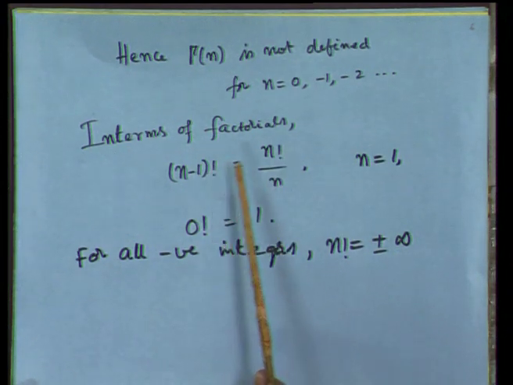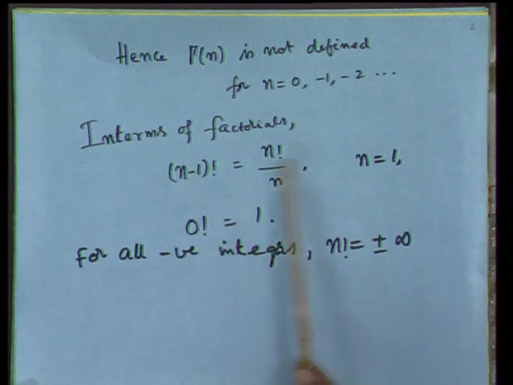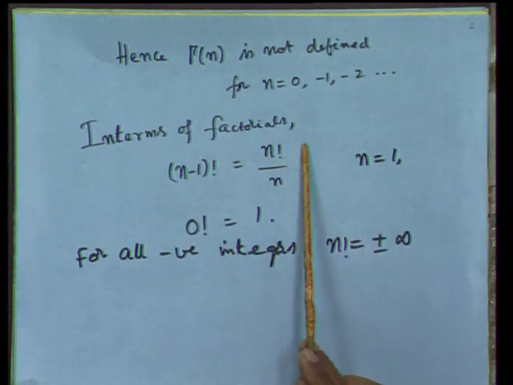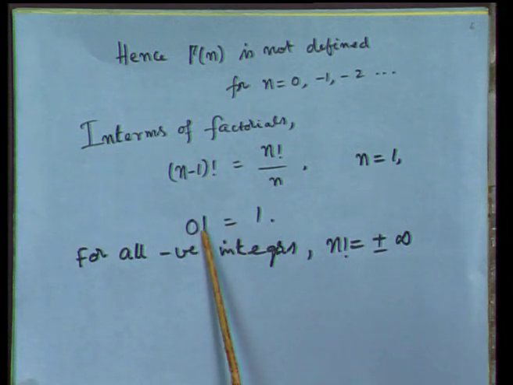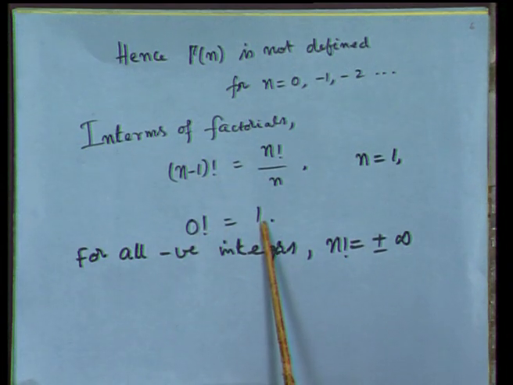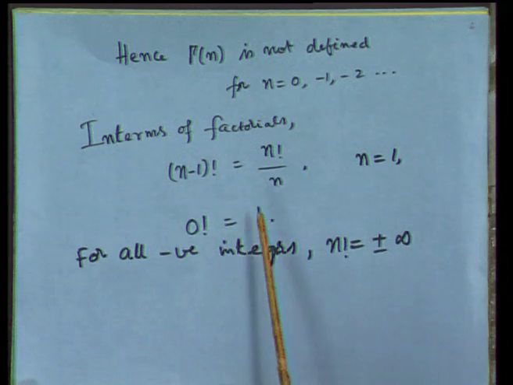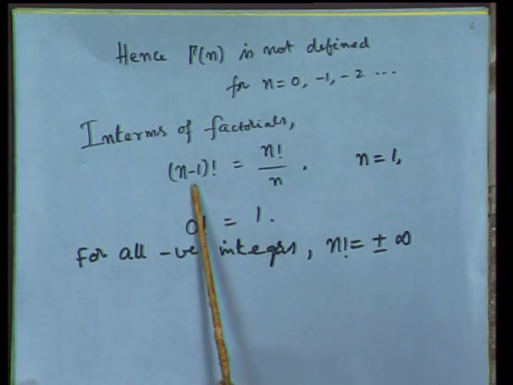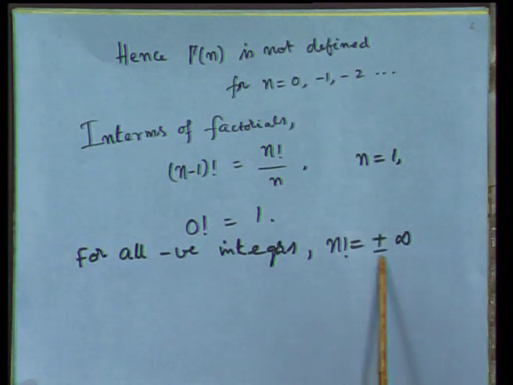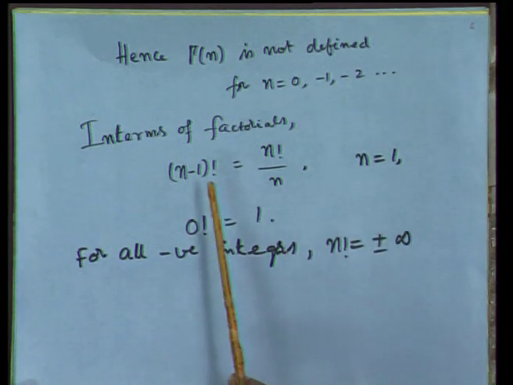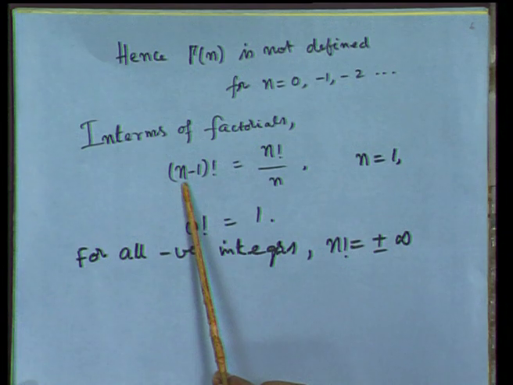Based on this, you can evaluate 0 factorial: when n equals 1, n factorial is well defined, and n minus 1, that is 0 factorial, is taken as 1. And for all negative integers, these factorials are undefined in the sense that the factorial will be plus infinity or minus infinity.